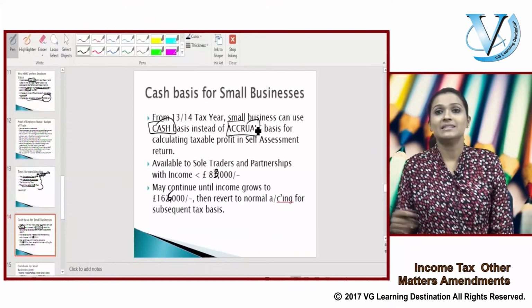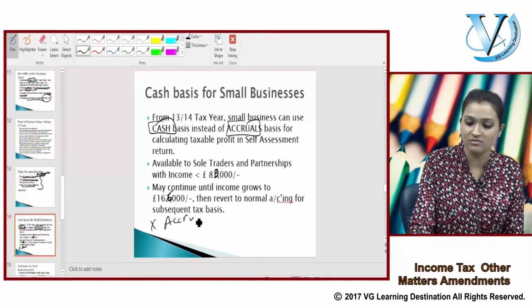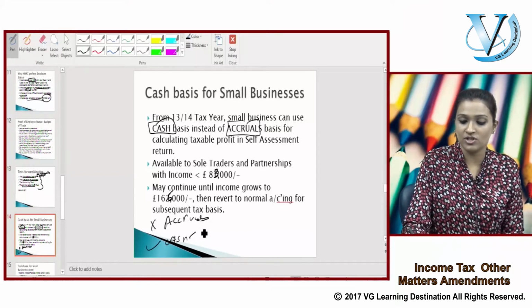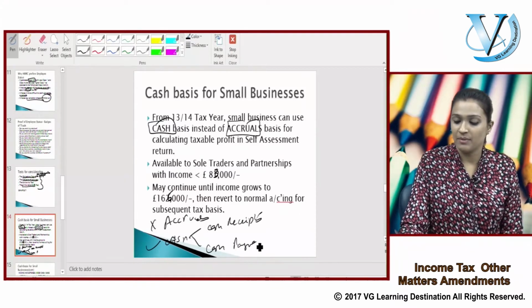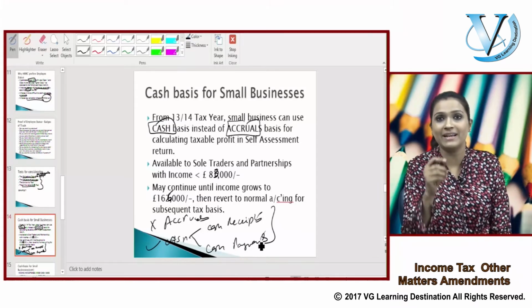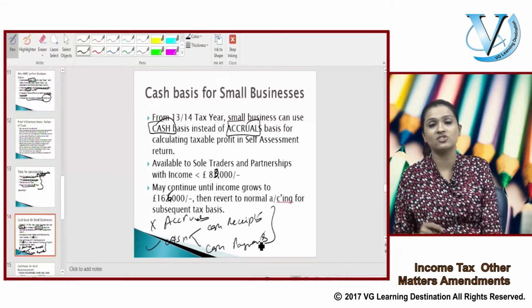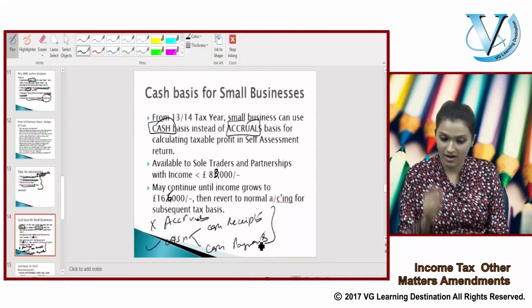So very well, this is your cash basis, wherein you're not taking into account the normal accruals basis of accounts, but only taking into account cash receipts and cash payments. So what physical movement in liquid cash has taken place in the organization is what you're going to consider while preparing your books of accounts.